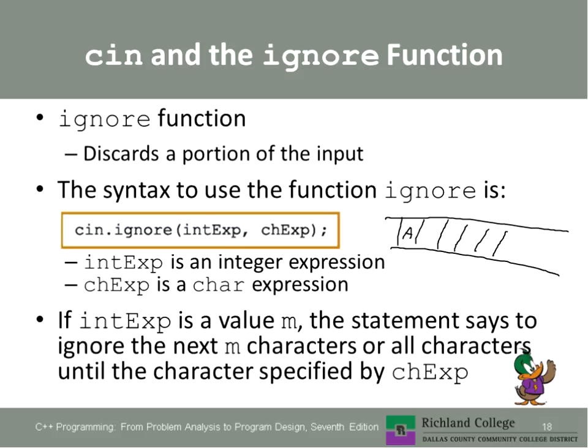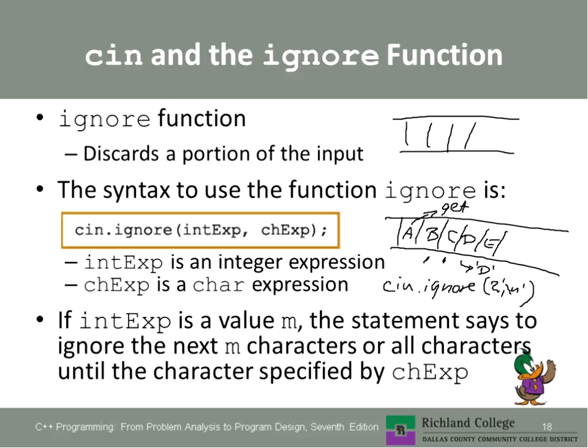So let's say here's your bus, and you want to get A, and you're going to use get for that one, and then we also have B, C, D, and E sitting on that bus, and now you're going to say, let's say, cin.ignore 2, or if I get to the new line character. Well, we are ignoring 1, we are ignoring 2. So then we can get D next time, leaving B and C alone.